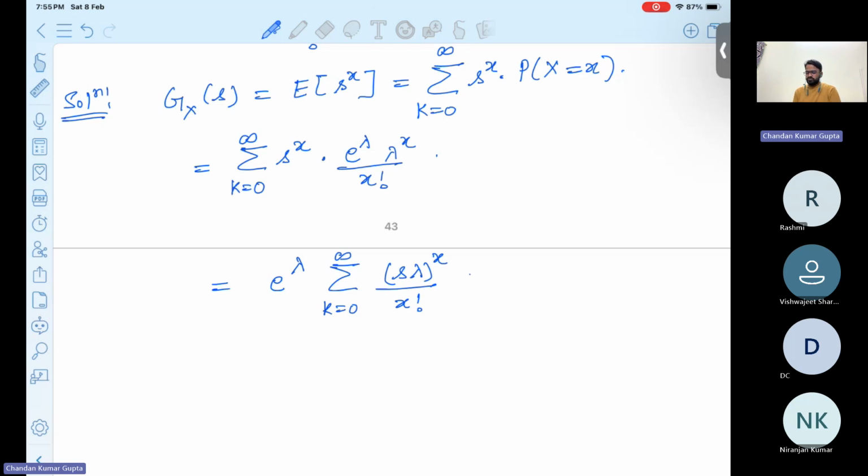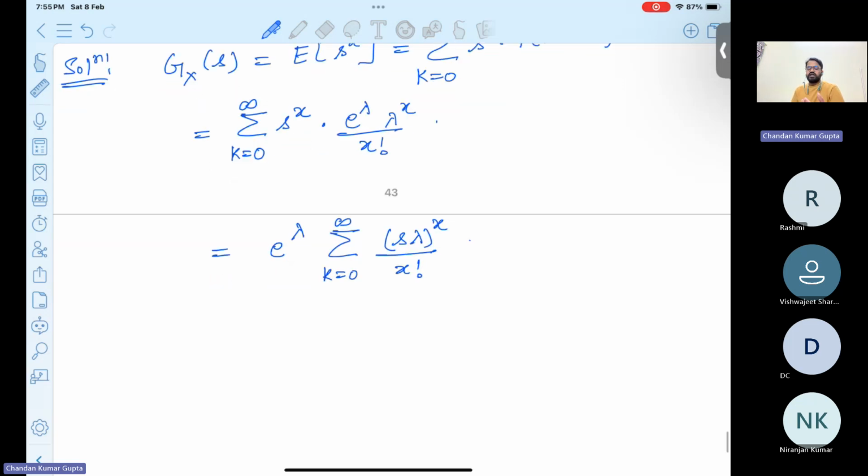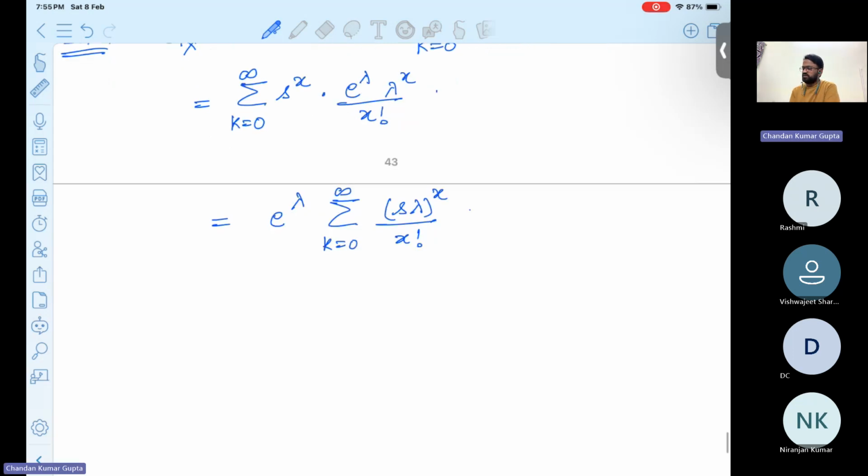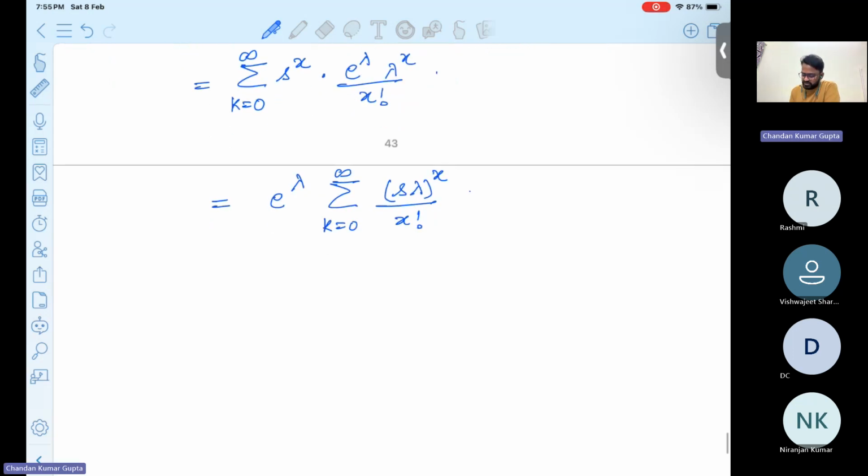Maybe you know the summation over (s lambda) to the power x upon x factorial is nothing but the expansion of e to the power s lambda. So from there we can write e to the power s lambda.